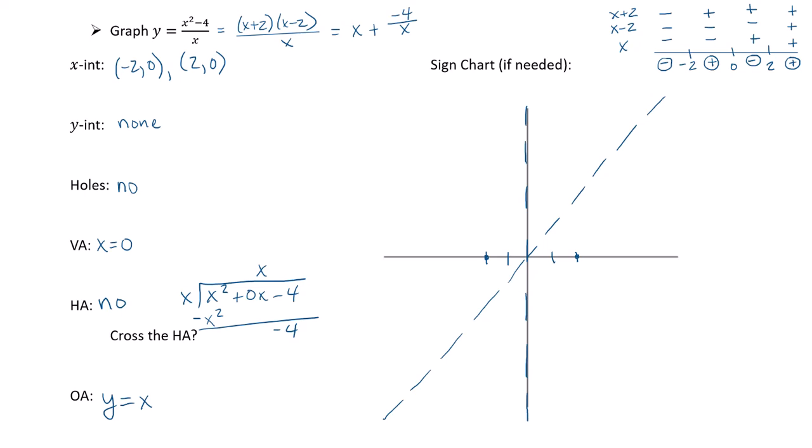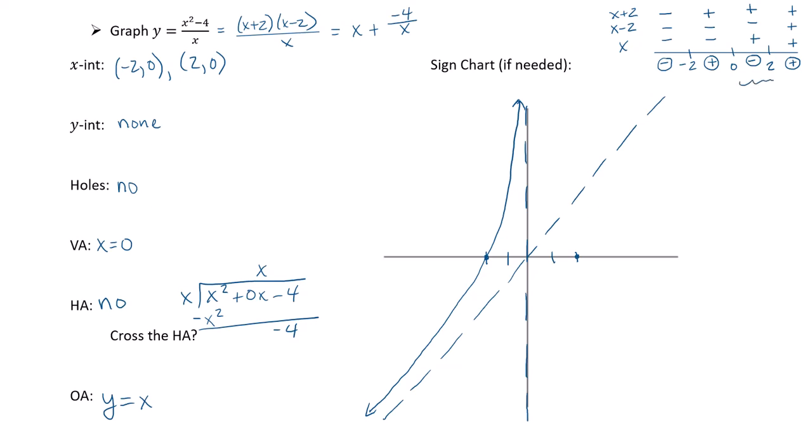So how does that play out when we have our graph? To the left of -2, we're below the x-axis, getting drawn towards that oblique asymptote. Between -2 and 0, we're above the x-axis, getting pulled towards that vertical asymptote.